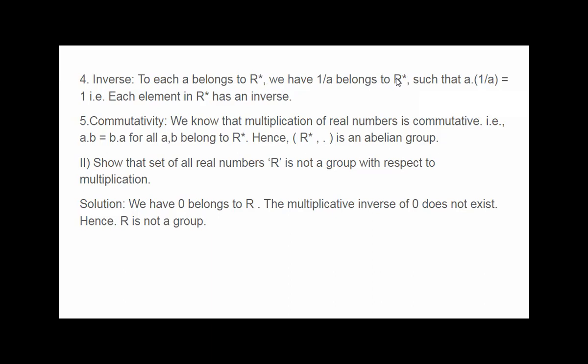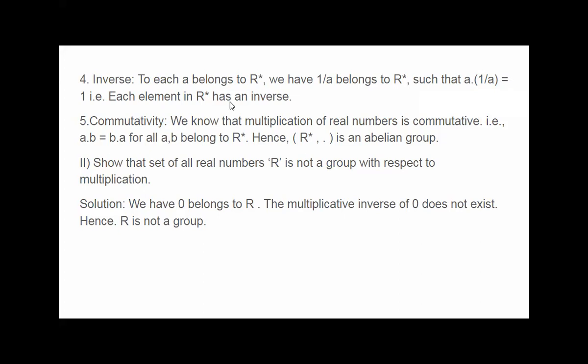The inverse of all the elements is in that set only, such that A into 1 upon A is equal to 1. Element A is multiplied by its inverse and gives the answer 1, where 1 is the identity element.